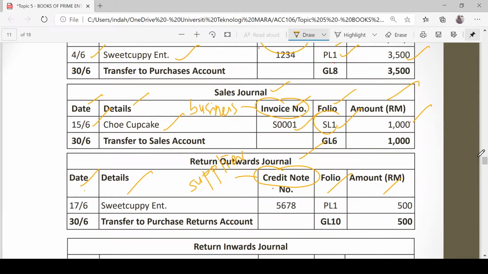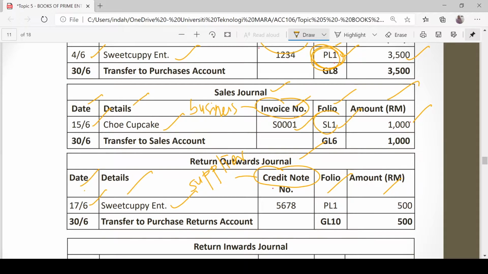So 17th of June, Sweet Copy Enterprise. This is the credit note number. Folio: purchase ledger 1. Why purchase ledger 1? Because we have created the account payable Sweet Copy Enterprise account, and we have assigned the code PL1 for Sweet Copy.